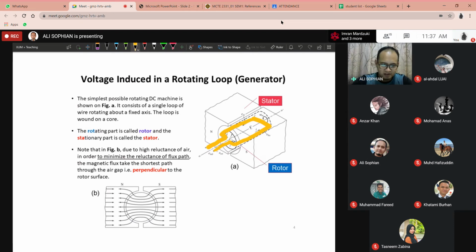Now I'm going to delete my scribble here. Can you see the cylindrical core, which is this? So you've got the loop, which is wound around this core.